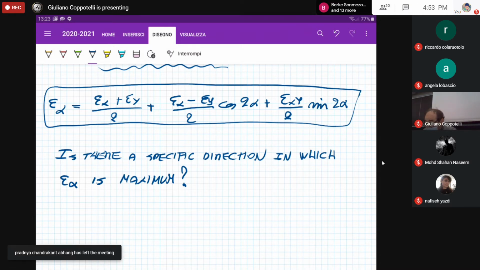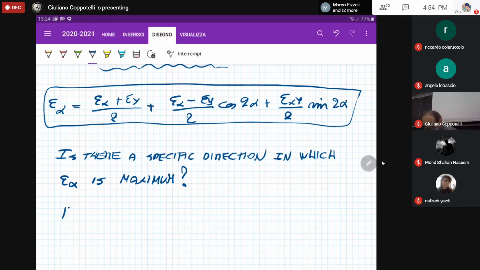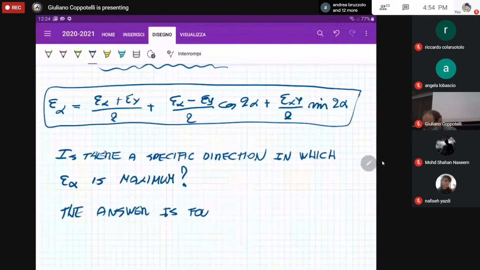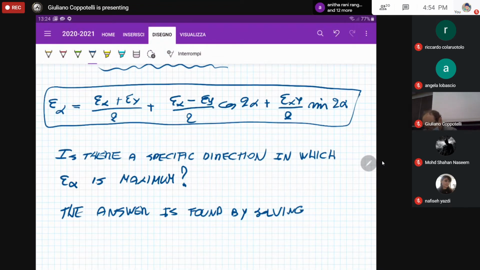In order to find out that, we can review the strain relation as a function of alpha, and then find alpha so that the strain is maximum or minimum and find out what happened. So we have to solve. The answer is found by solving this relation.